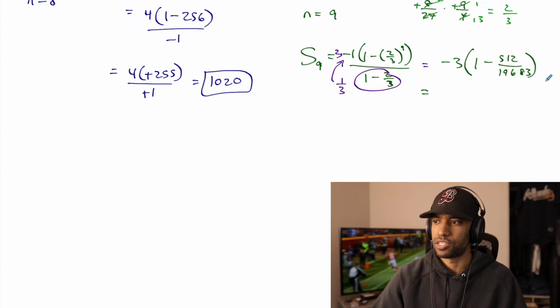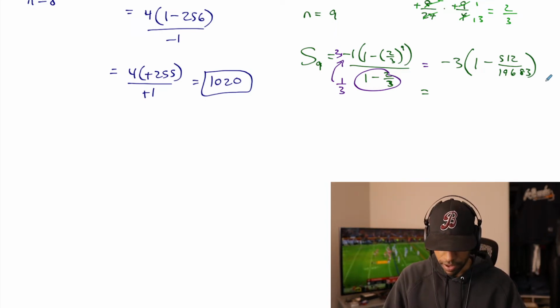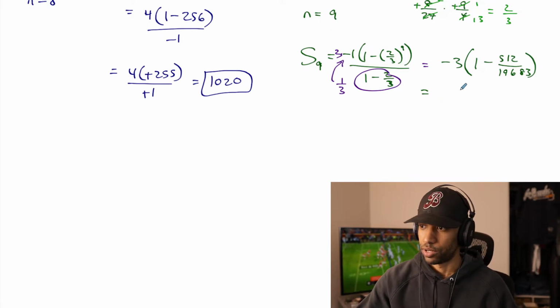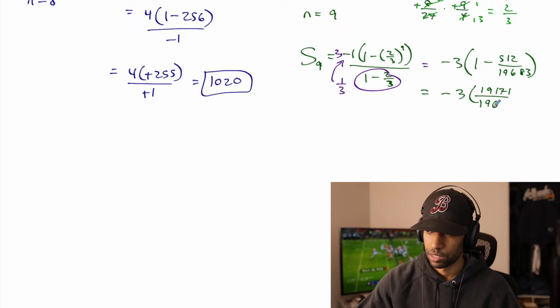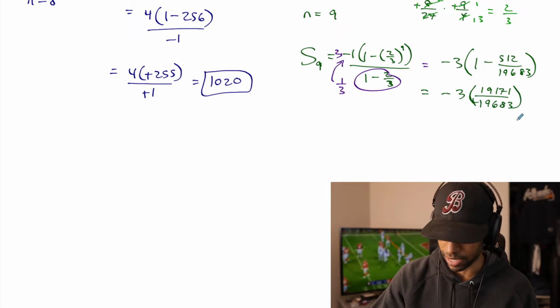Now, what is 1 minus that? Well, what is 19683 minus 512? That's going to be 19171. So again, I'm going for the exact answer for you guys. I'll give you the approximate after. You could have typed that in the calculator at any point in time.